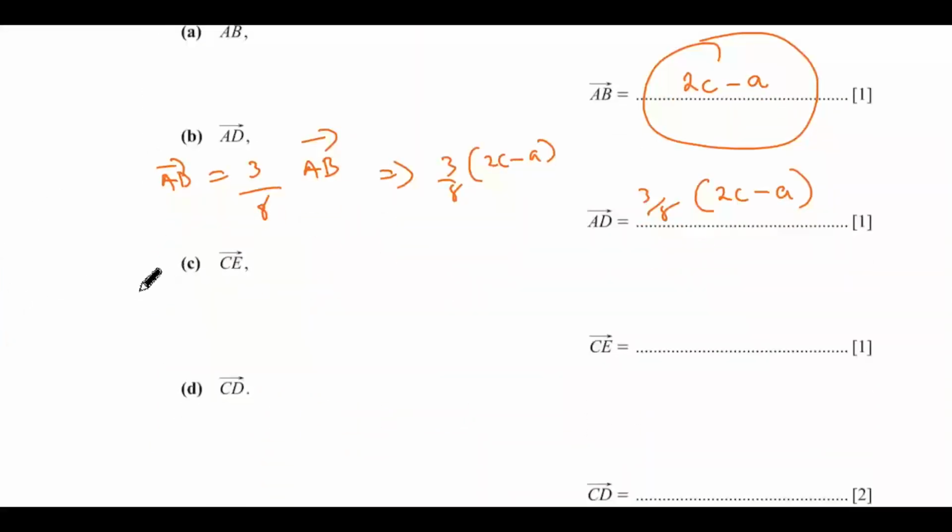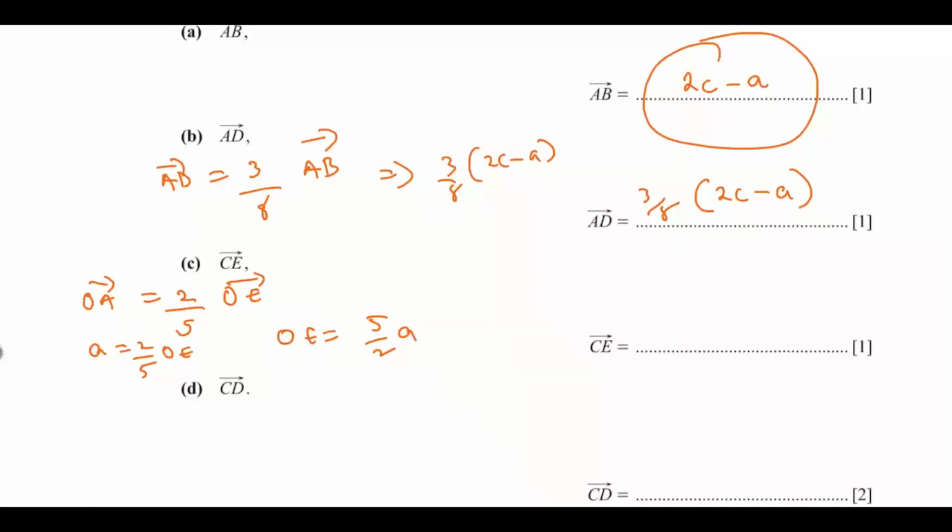OA equals 2 over the total ratio, 2 plus 3, which is 5, multiplied by OE. We already know OA is A. So A equals 2 over 5 multiplied by OE. Make OE the subject of the formula: 5 times A equals 2 OE. So OE finally will be 5 over 2 A.